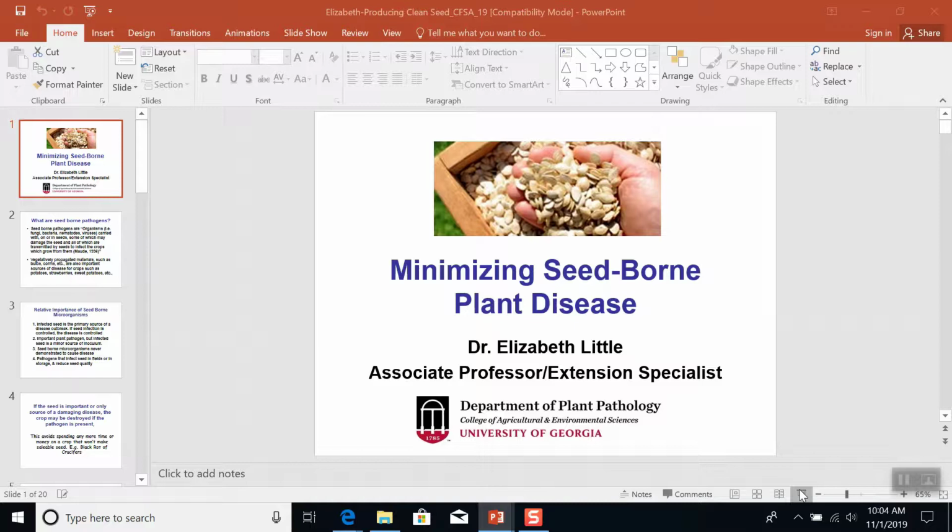The other concept here is that seed-borne diseases are usually worse on crops where you're producing transplants, because you can have a very small amount of pathogen on the seed, and it'll proliferate under these conditions. This is celery, seed-borne.